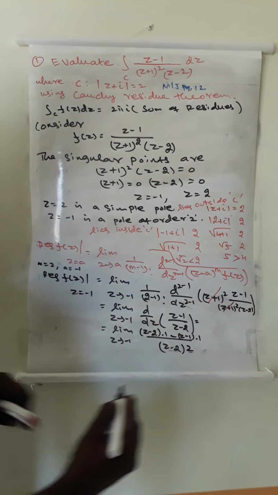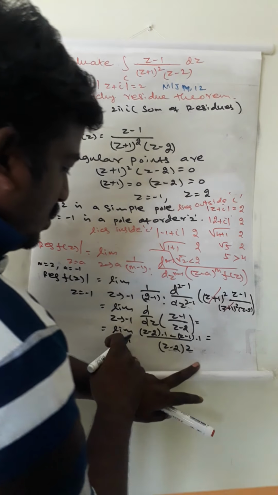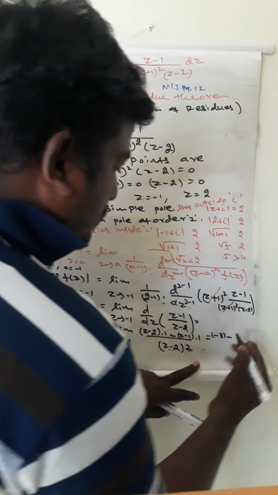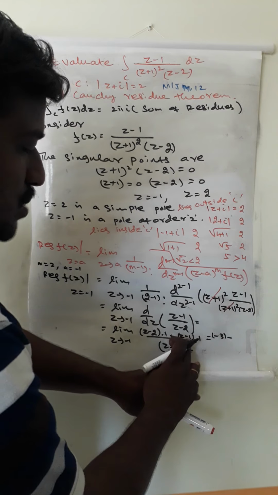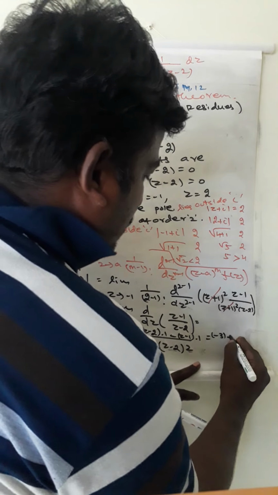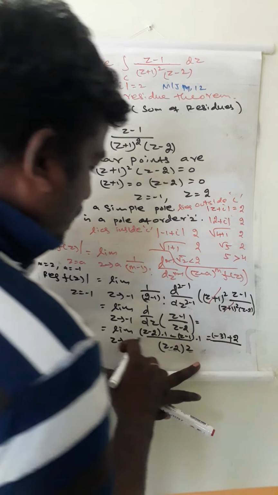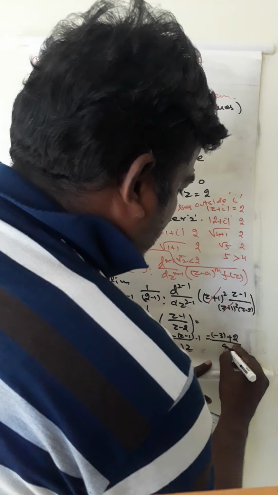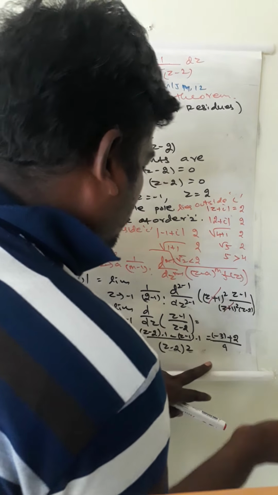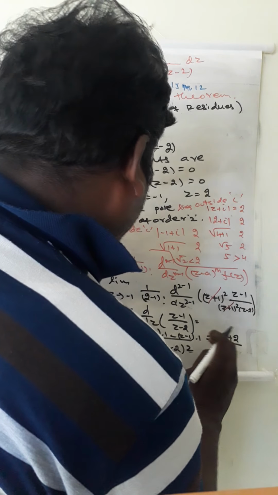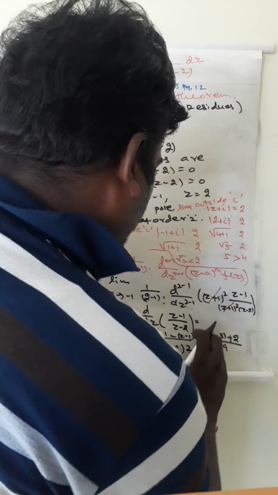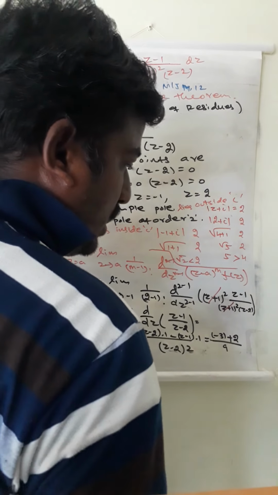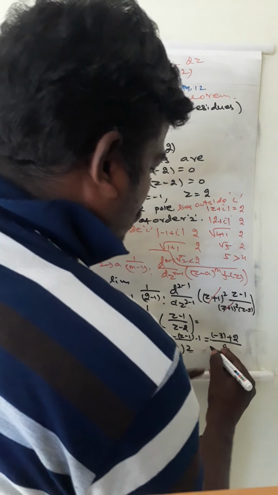No need to simplify, directly apply the point. So z equal to minus 1: (minus 1 minus 2) into 1 minus (minus 1 minus 1) into 1, that is minus 3 plus 2, divided by (minus 1 minus 2) whole square, which becomes 9. So minus 3 plus 2 becomes minus 1, so minus 1 by 9.